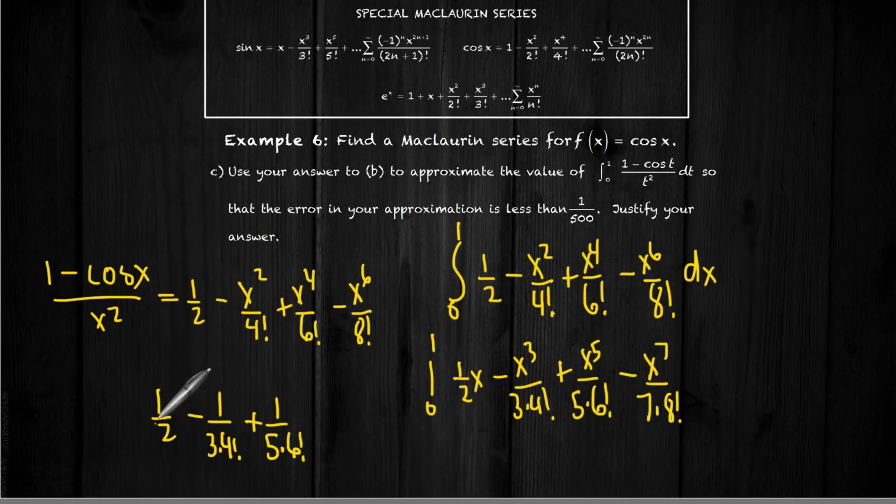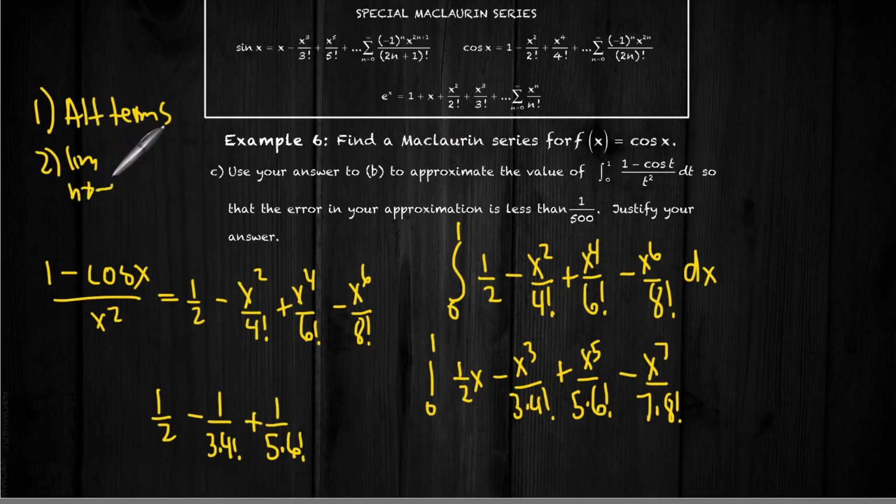Now, we recognize this to be an alternating series. That's the key to this problem. It's an alternating series. How do we know? Because the 3 conditions apply. Number 1, these terms are alternating. Plus, minus, plus, minus. Second, the limit as n approaches infinity of this expression is going to 0.